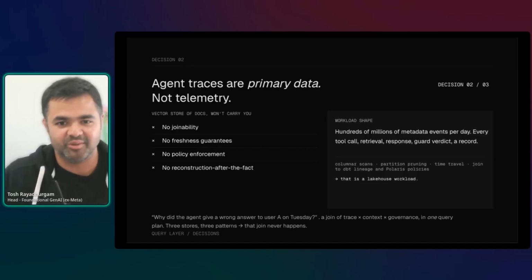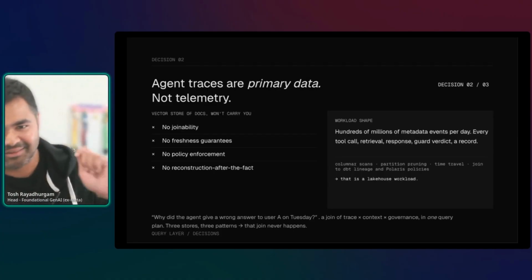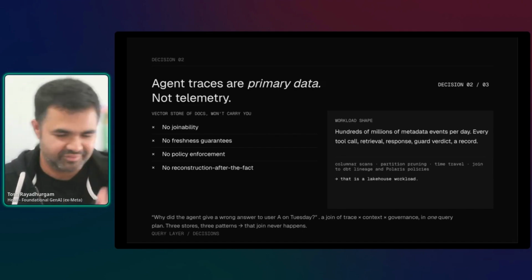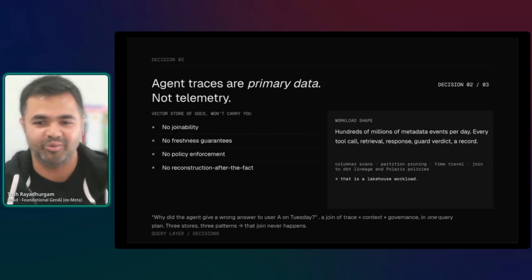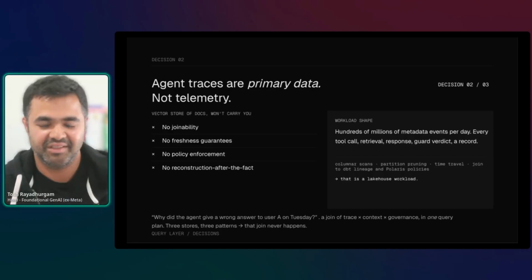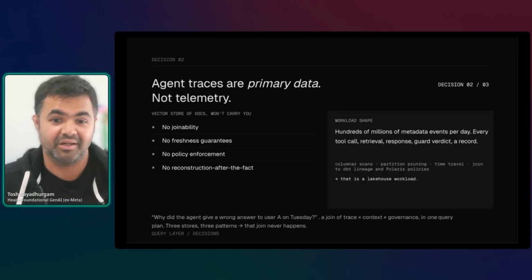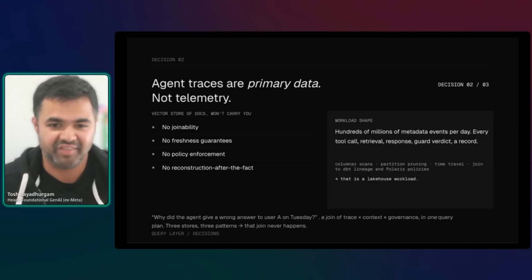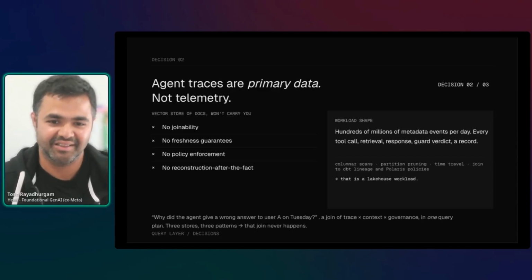Even the libraries push you toward throwing a vector store at your data dictionary, right? And maybe 6 months ago, you would RAG all over it and call it a day. A vector store does not give you this unstructured retrieval. It also doesn't give you joins, right? And think about freshness. Do you get that with it?